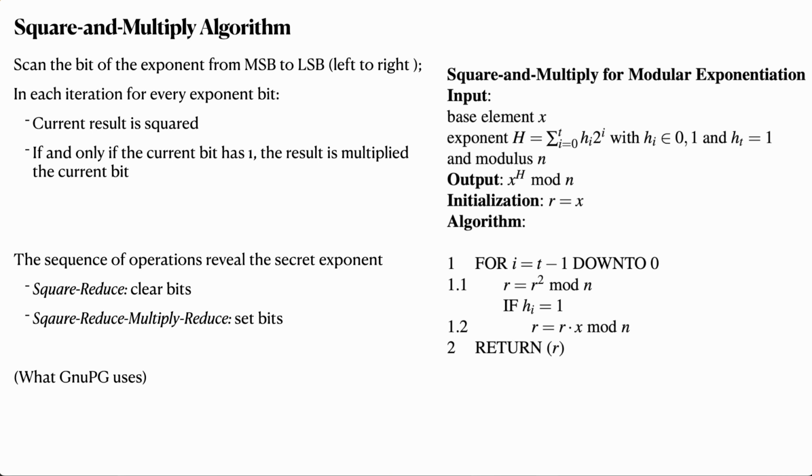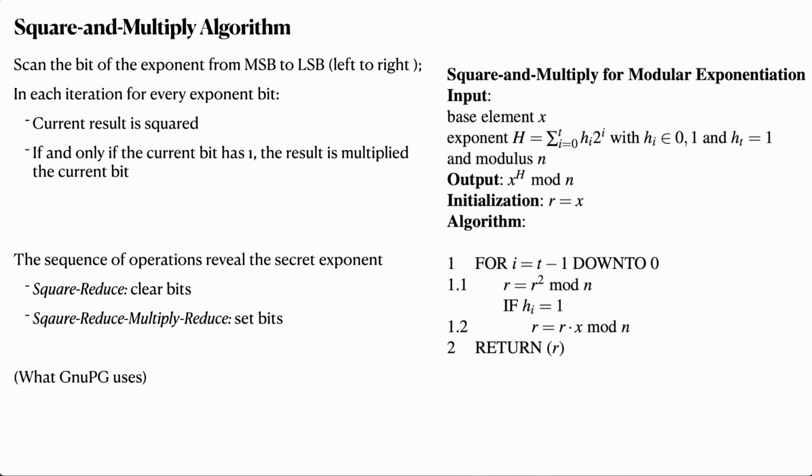In each iteration, for every exponent bit, the current result is squared, and if and only if the current scanned exponent bit has value 1, a multiplication of the current result by x is executed following the squaring. The purpose of this is that the sequence of the operations reveals the secret exponent.